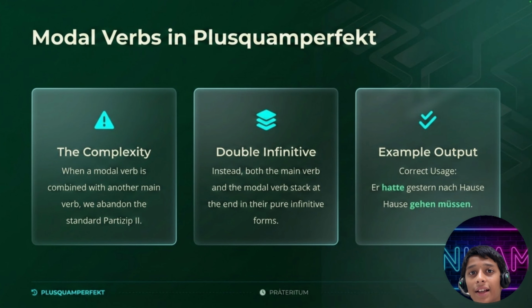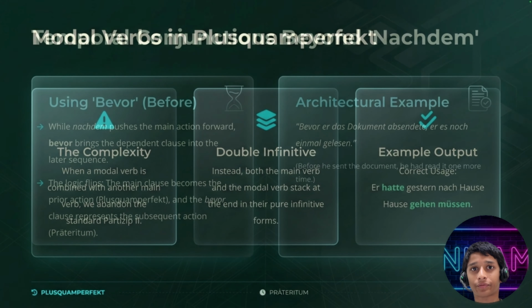Example: er hatte gestern nach Hause gehen müssen. He had to go home yesterday. Notice, gehen stays as a plain infinitive, and müssen, instead of becoming gemusst, also stays as a plain infinitive right at the very end. This double infinitive construction shows up in the perfect tense too. So if that already felt familiar, you're in good shape.